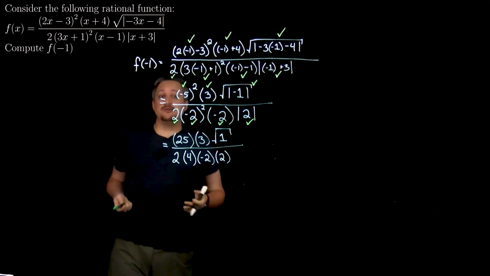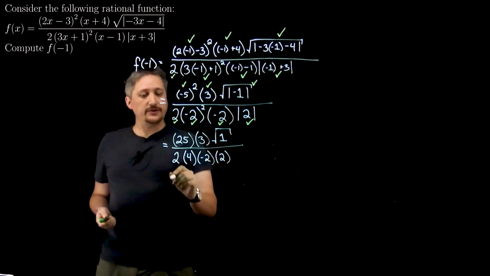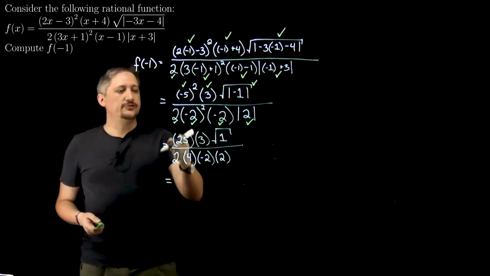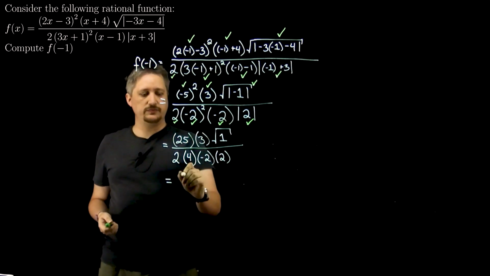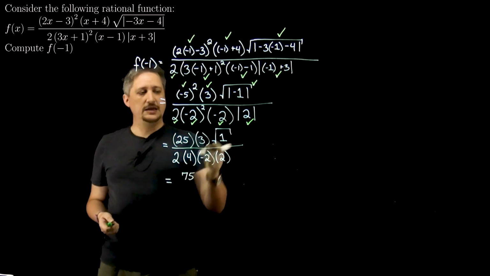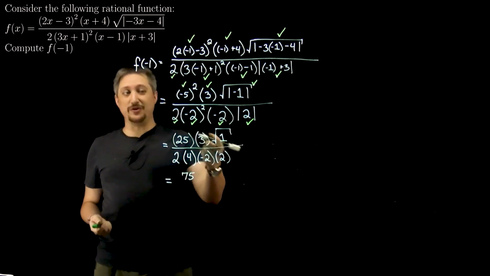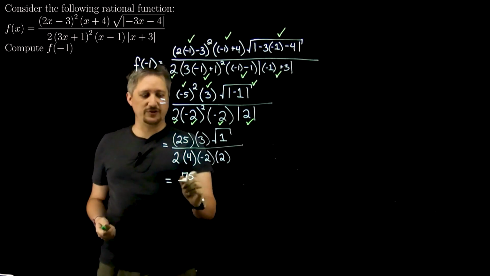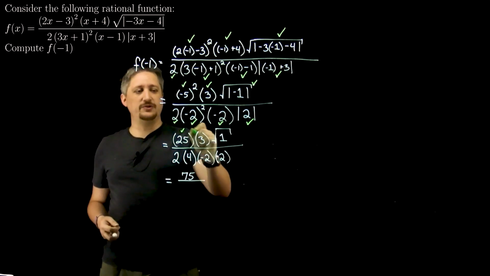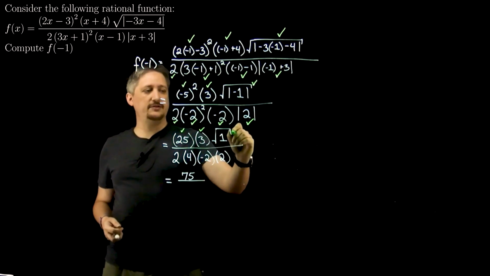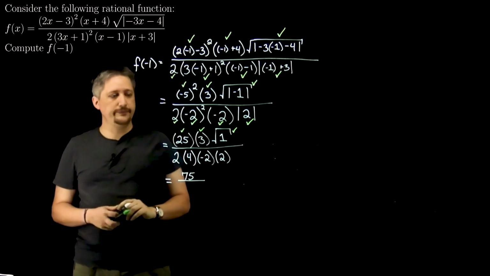Now I have a whole bunch of numbers, so I'm going to combine the numbers together. So 25 times 3 is 75. Square root of 1 is just 1, but multiplying by 1 does nothing. So that got rid of 25, 3, and multiplying by 1.